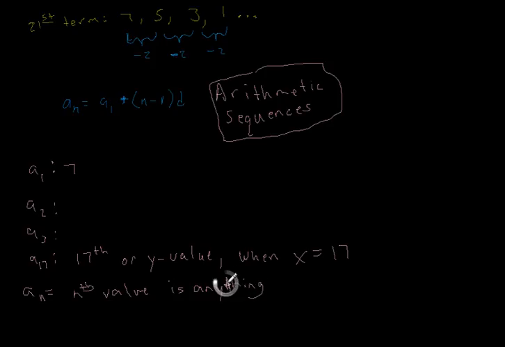Now, n would have to be a natural number if it's in the domain.